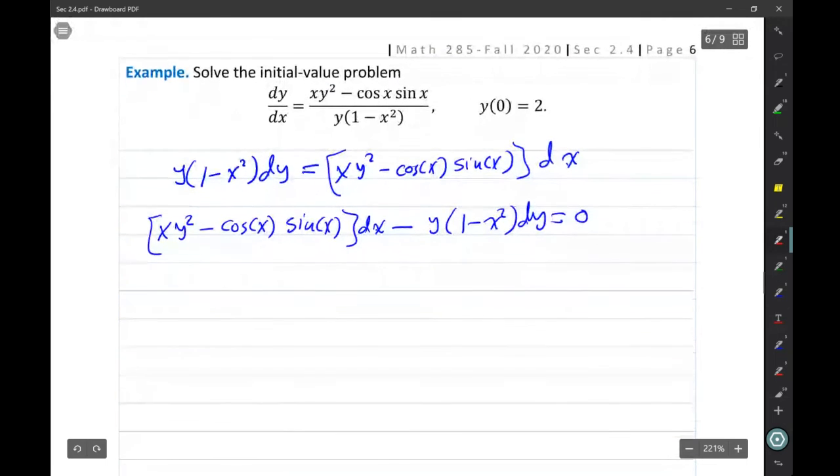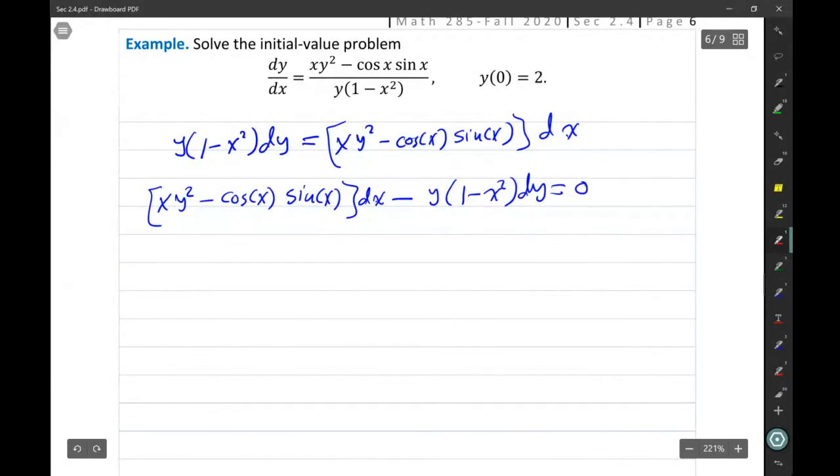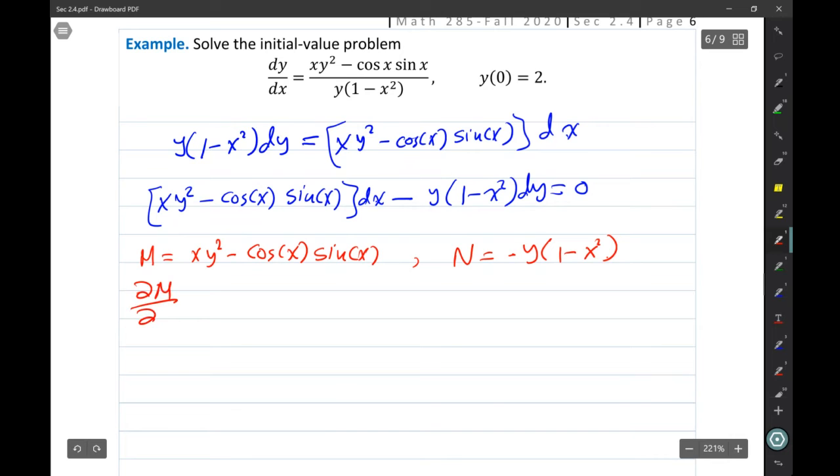Now what's the form of m? m is x y square minus cosine x sine x, and n is minus y times 1 minus x square. Now what is dm by dy partially?